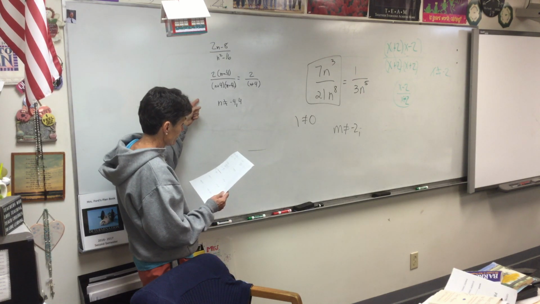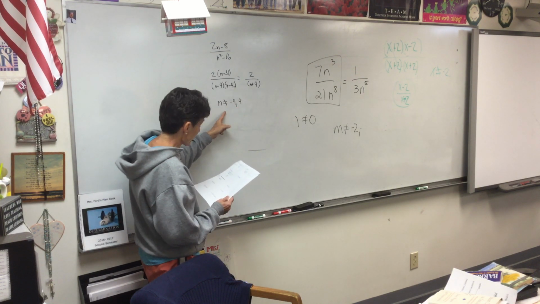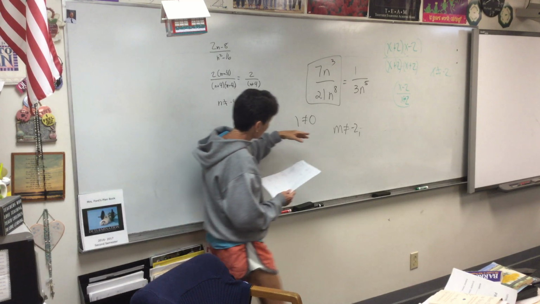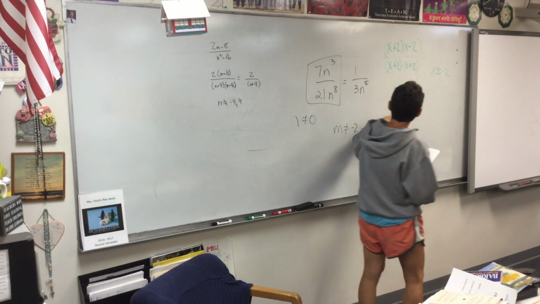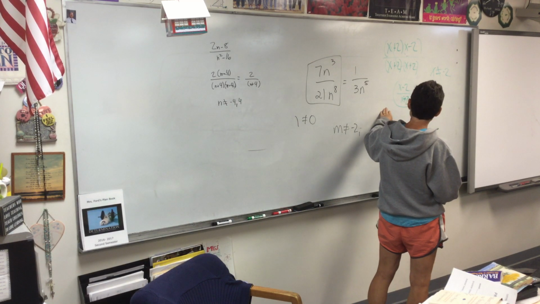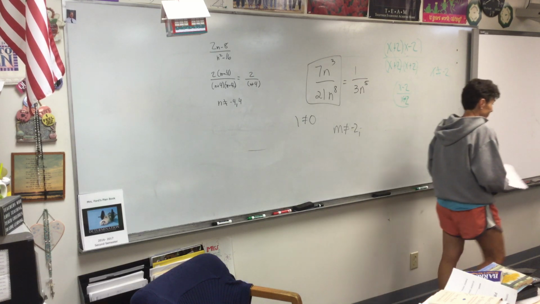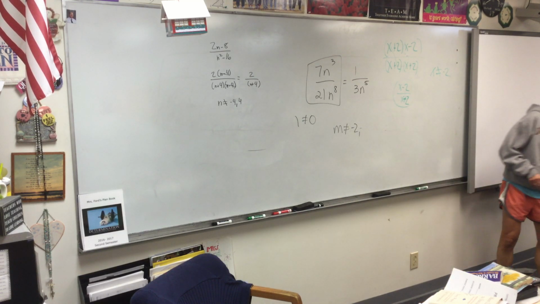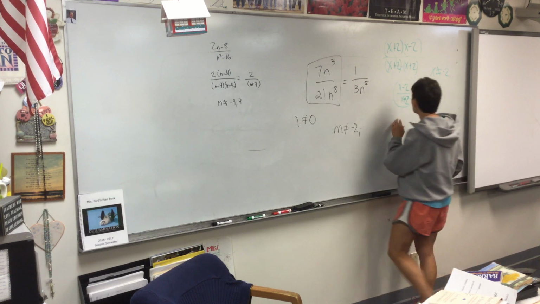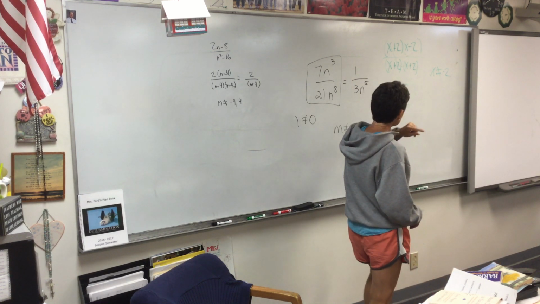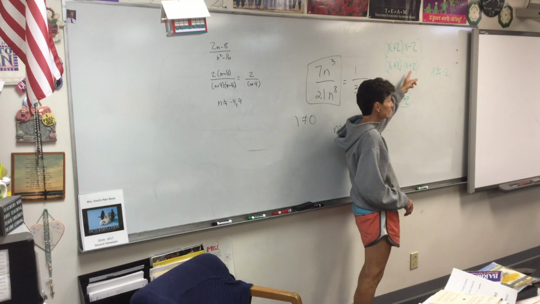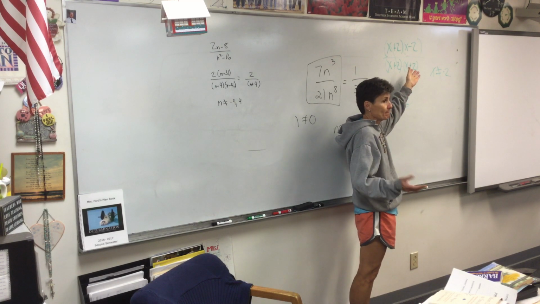Okay, so this one looks very good. And number, what is this, 7? Very good. Now, James only had one excluded value. The rest of you guys had 2. James only had 1 because his denominator factors were the same.